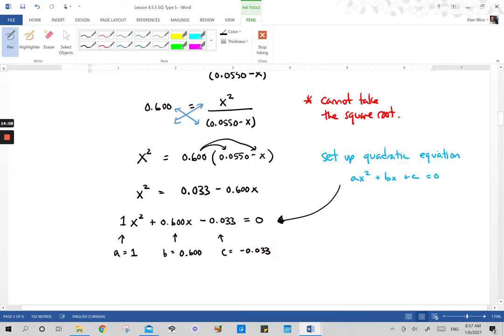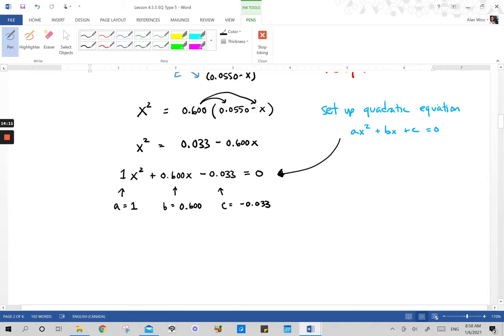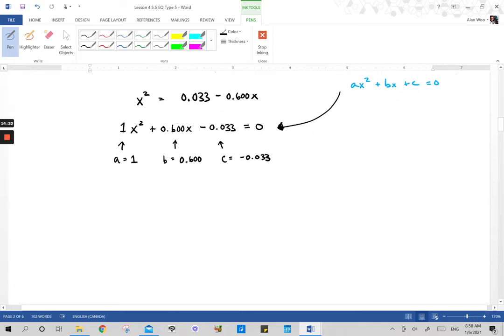Okay, so the whole point of setting up the quadratic equation is so that we can get a, b, and c. The a, b, and c is now used to put into our quadratic formula. So now set up quadratic formula. Okay.